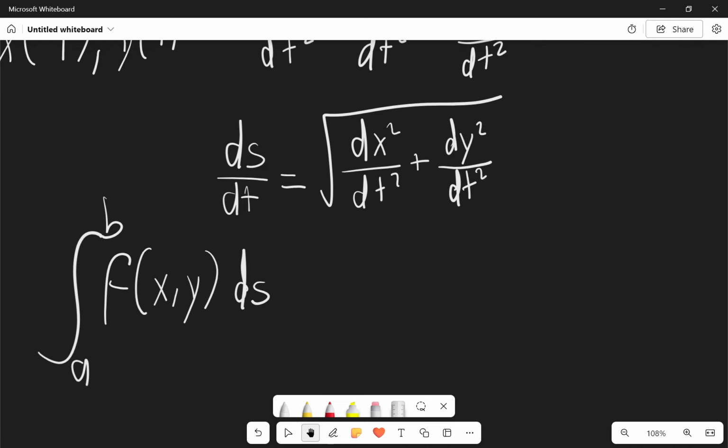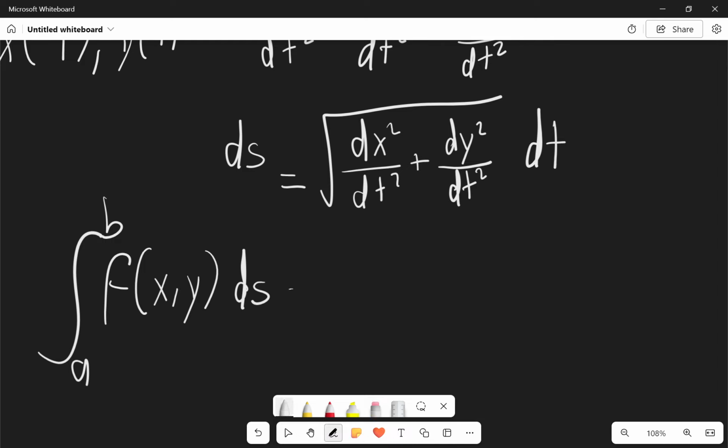But how can we get that ds? Multiplying on both sides, we get ds equals the square root of (dx/dt) squared plus (dy/dt) squared, times dt.